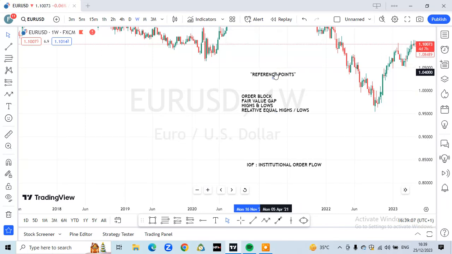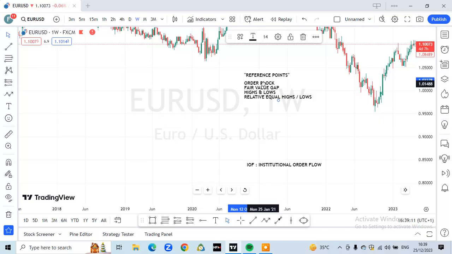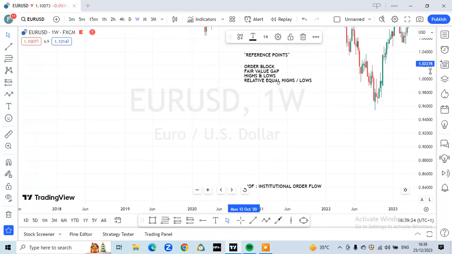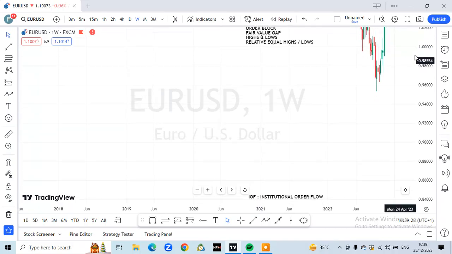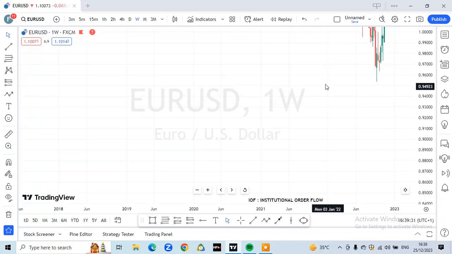These four reference points: your order blocks, fair value gaps, highs and lows, relative equal highs or relative equal lows. Pay attention to these and you will never regret taking this course. It works like fire.